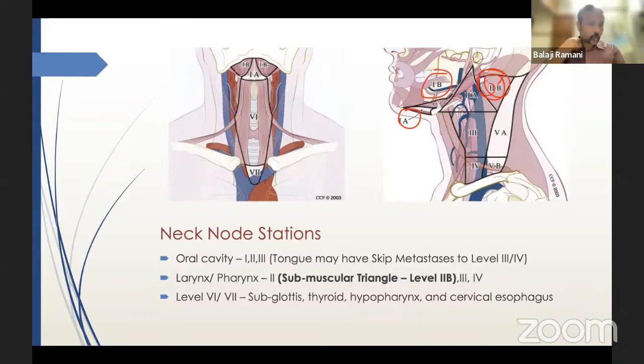Whatever comes in between these two is going to be your T2 tumor. T4A and T4B you already know: bone invasion, carotid, external carotid, internal carotid, masticator space, skull base, all this we already discussed. So what we need is the T1 and the T3. All the rest will come under your T2.